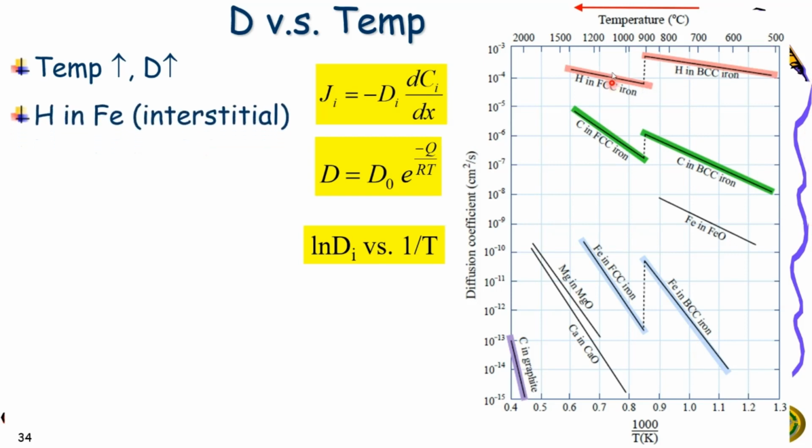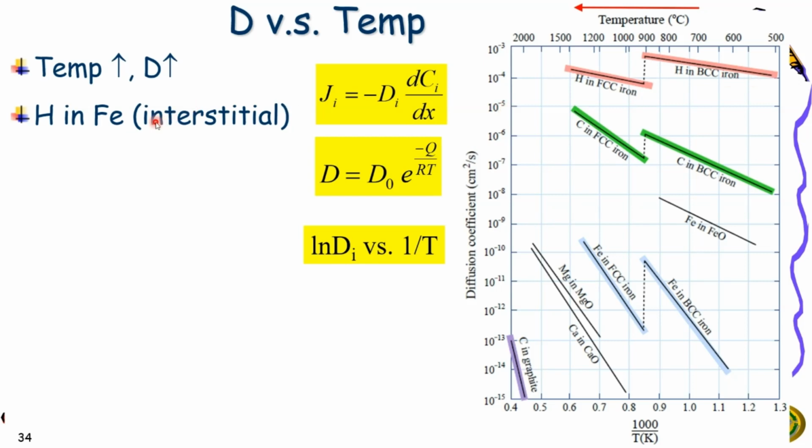If you look at this line here, this is hydrogen in iron, BCC iron. Iron below 900 Celsius has a BCC structure, body-centered cubic. So for hydrogen in iron, as temperature increases, hydrogen goes faster through the iron.